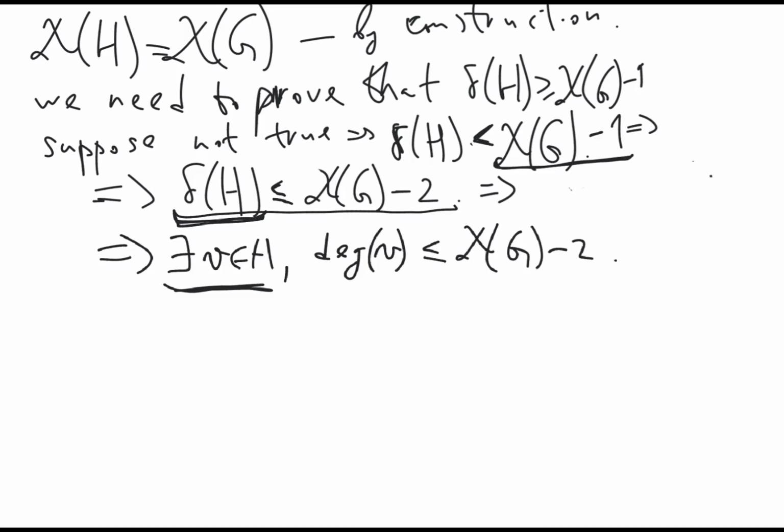Let's say that this is vertex v. So this is the subgraph H.